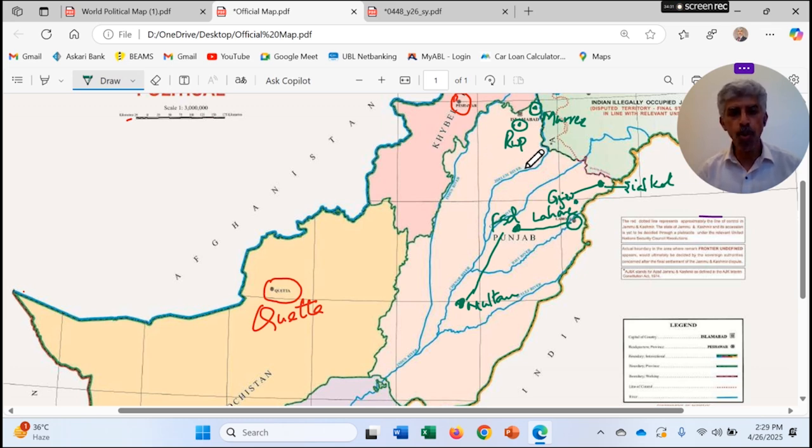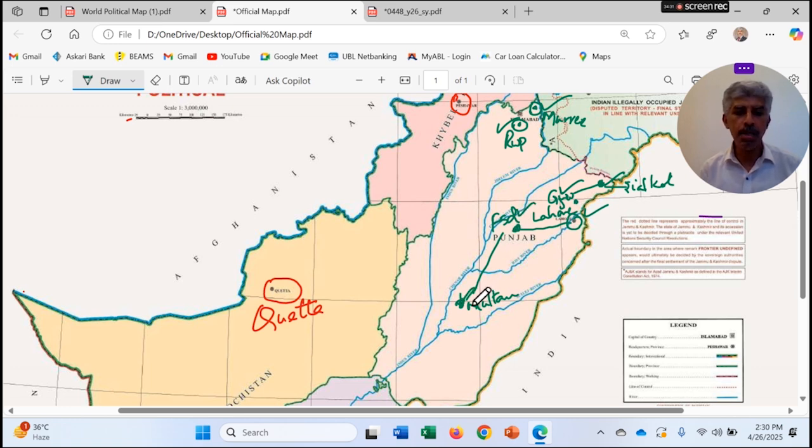One very important piece of information you are supposed to keep in mind is that Islamabad is not part of Punjab. Islamabad is known as the federal capital and it is a separate territory, right? So Islamabad Capital Territory is not part of Punjab. So I have labeled the cities of Punjab only: Rawalpindi, Murree, Gujranwala, Lahore, Sialkot, Faisalabad and Multan.